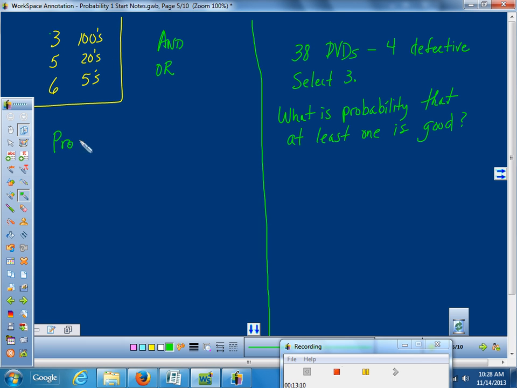Okay, suppose I wanted you to find the probability this time of getting two $100 bills and one $20, or I wanted the probability you got all 3 as $5.